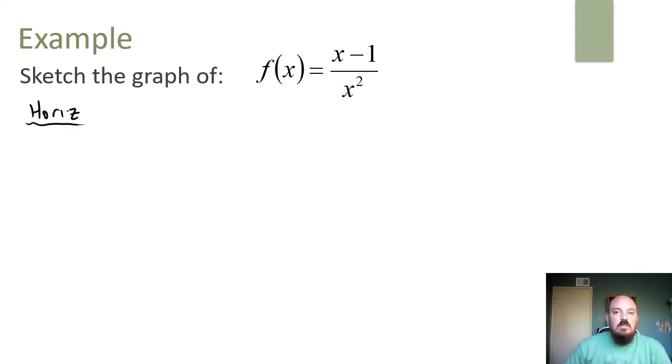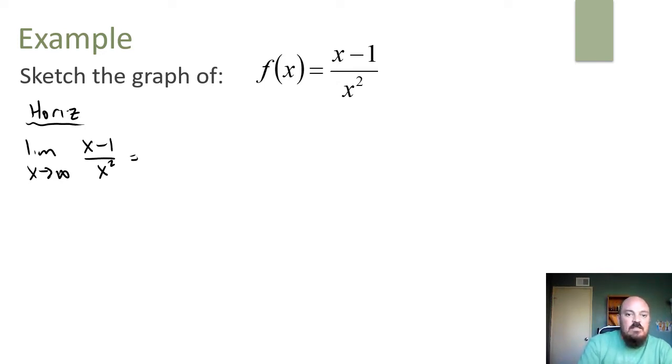And for the horizontal asymptotes, you're going to do the limit as x approaches both positive and negative infinity. This is horizontal, it's also end behavior. So let's start with the limit as x approaches positive infinity of f of x. Now, we have this concept of plugging in a really big number.